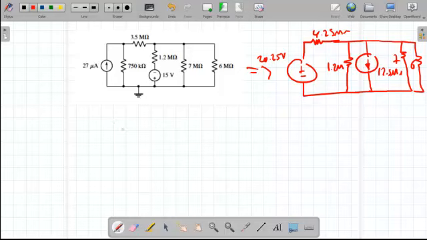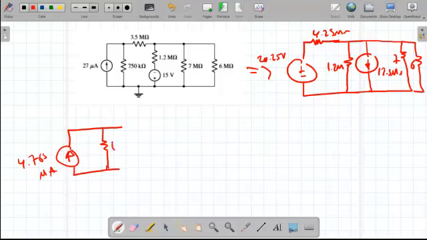So we will find this is equal to a current source 4.675 microamp in parallel with 4.25 mega ohm, and also 1.2 mega ohm, and also don't miss the current here.